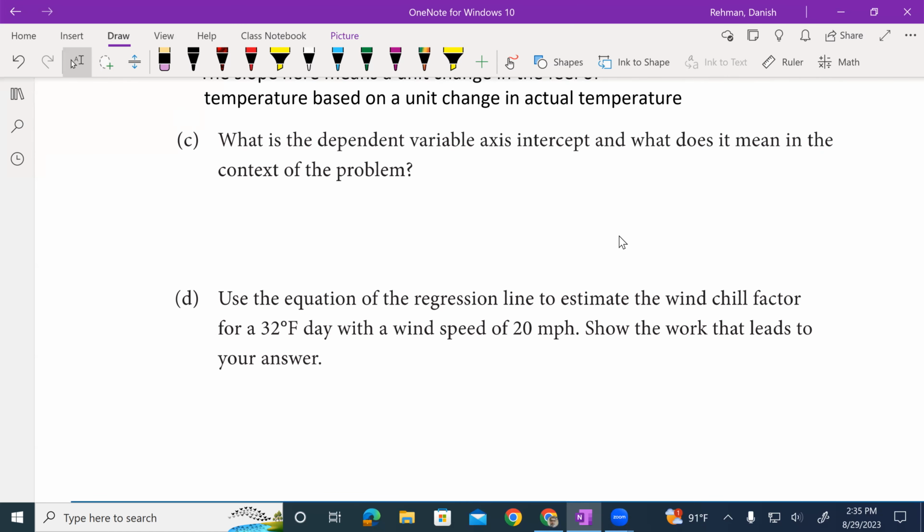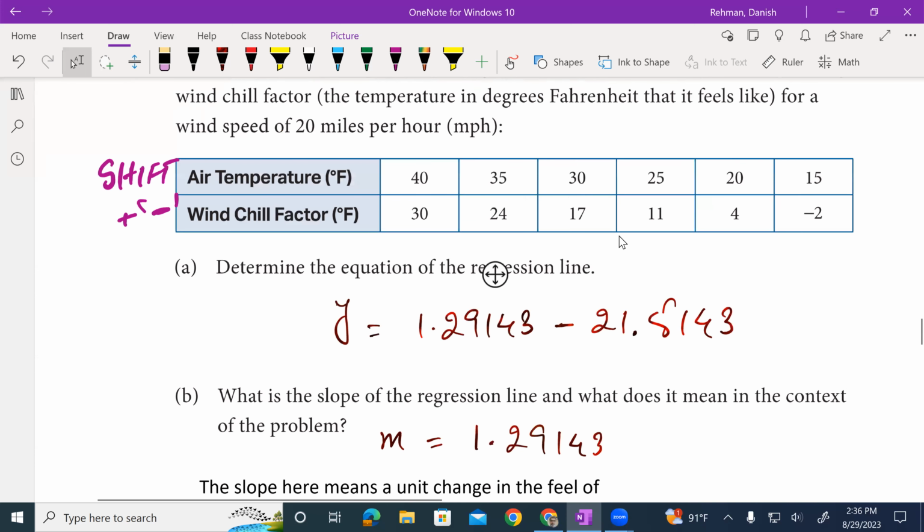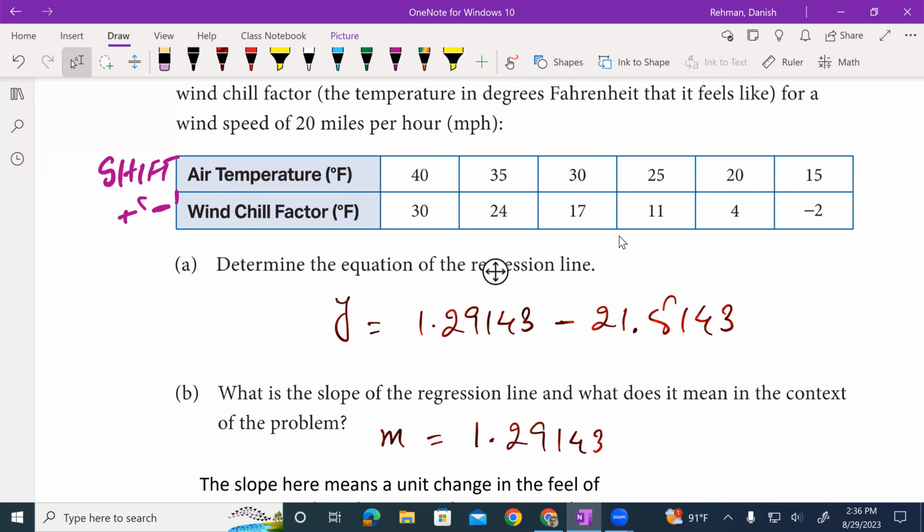So if I'm considering my air temperature as X and the wind chill factor for the field as my Y, I can put it over here. So I'm saying this is an X and this is a Y. Independent and dependent, both variables explained.